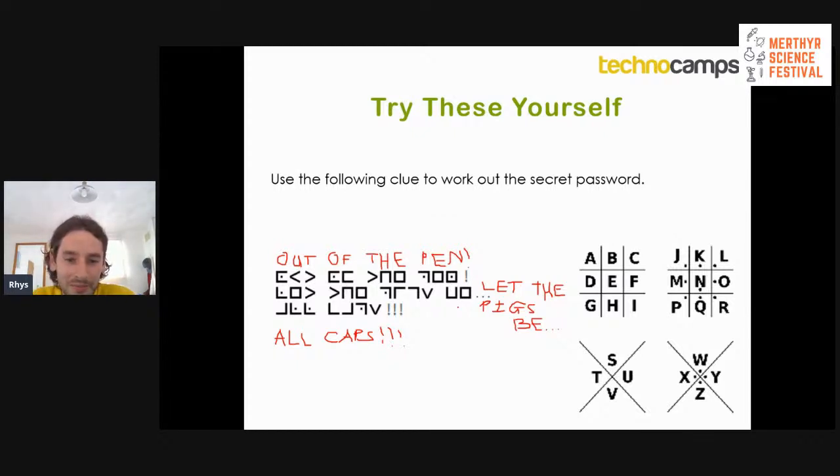So there's one clue. Okay, so we've decrypted our message. Now we've got some problem solving to figure out what the clues lead us to. So what's the missing word? Out of the pen, let the pigs be what?